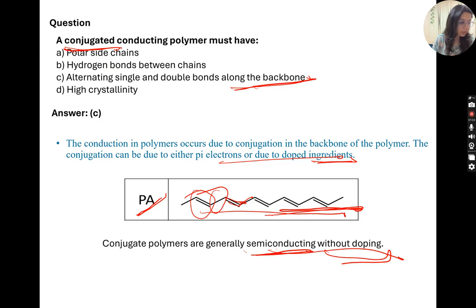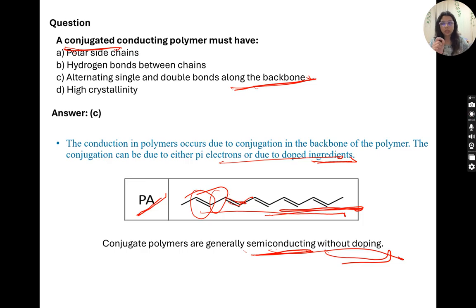Is it thermal or electrical conductivity? This question is not particularly about either thermal or electrical; right now, it is only about conjugated conducting polymers. But they are majorly talking about electrical conductivity, not thermal conductivity.